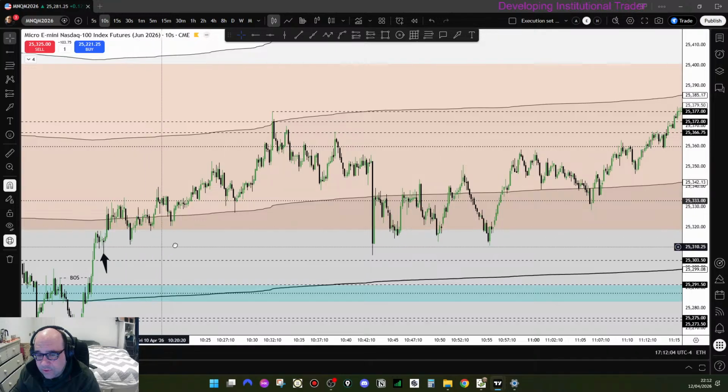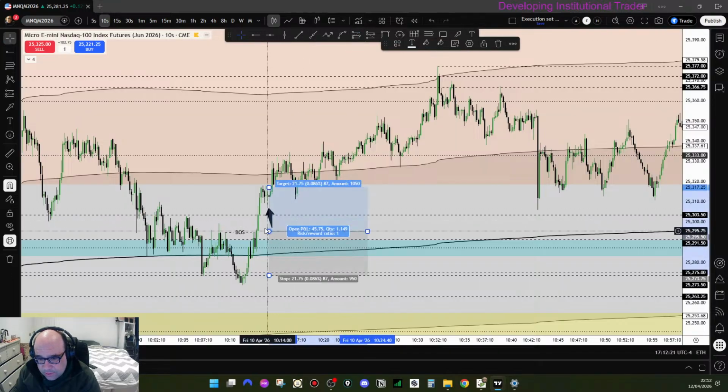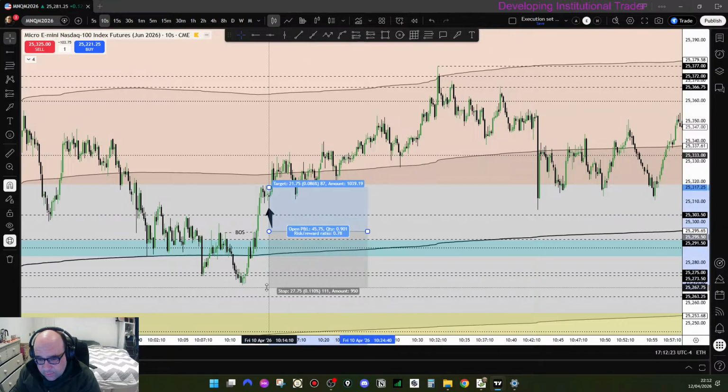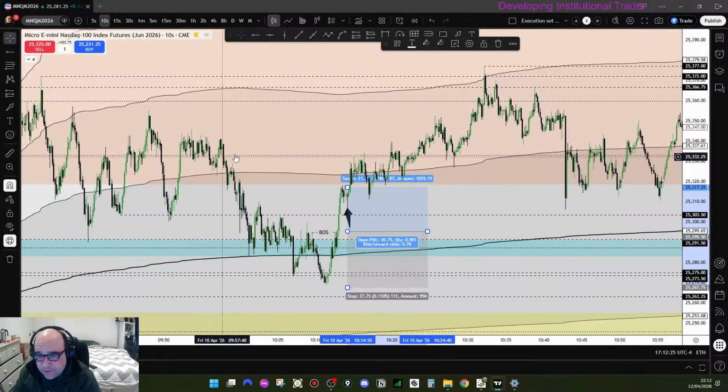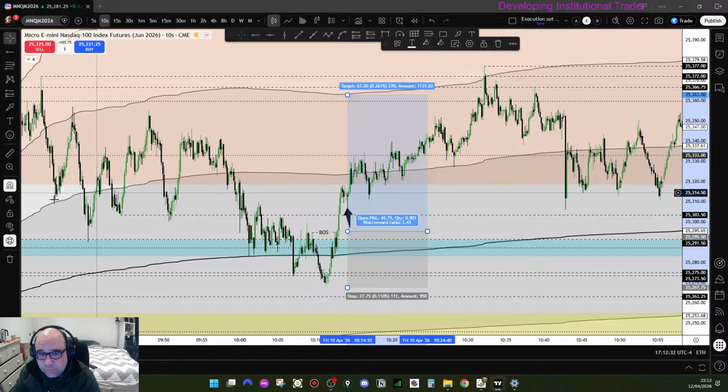So that was a really nice trade. Possibly, if I was on the charts, I would have taken it about here, having my stop loss at the bottom. So my trade would be, let's say, here, having bigger targets about here.